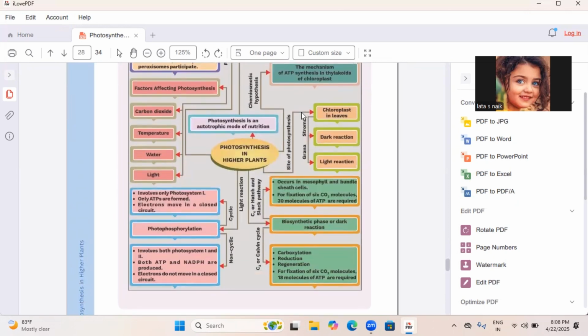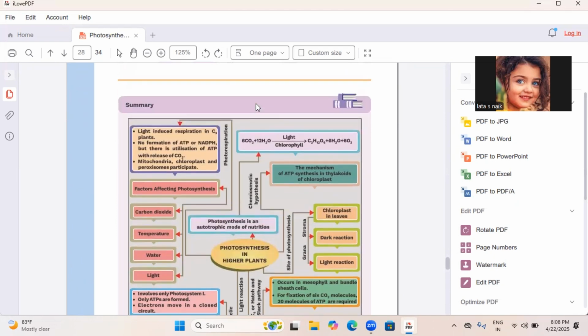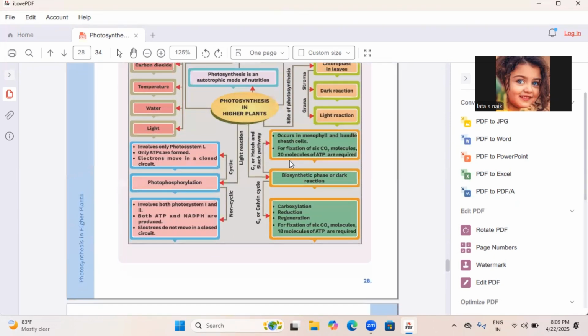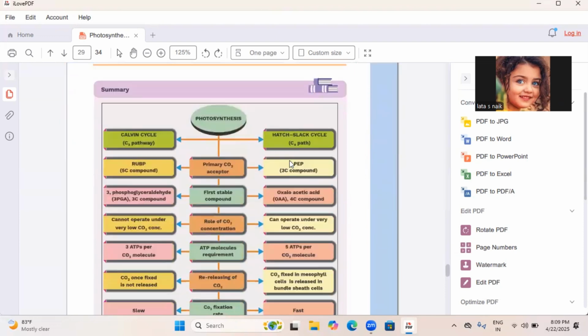Then the entire photosynthesis in higher plants, the factors responsible for photosynthetic activity, the photolysis of water, the energy release, the compounds involved in the process of photosynthesis that happens in stroma and grana, and different chemical compounds found in the various units of photosynthetic elements.